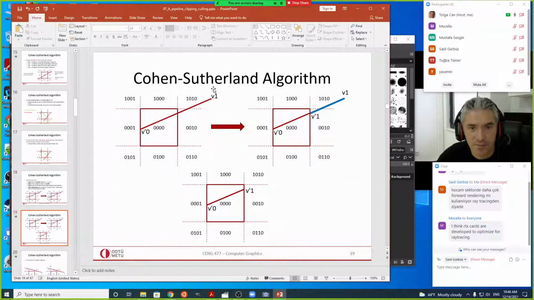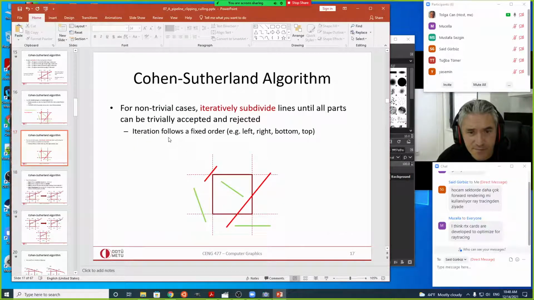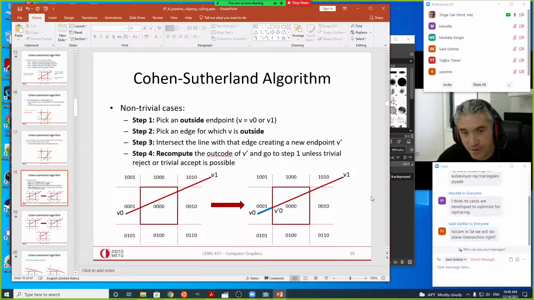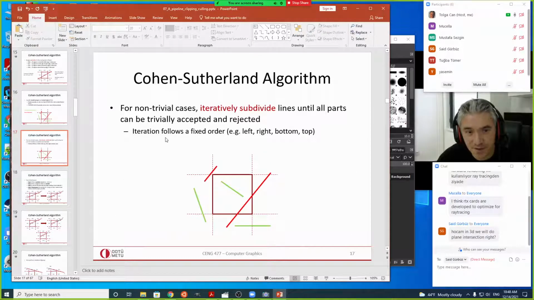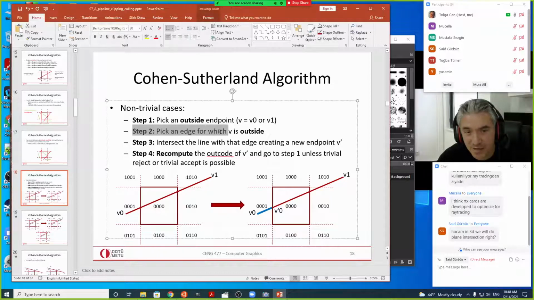So here are some other examples. So v prime 0 now is inside. We pick v1. Actually, there are some inconsistencies between what is written in these slides and the algorithm implementation here. This one says the iteration follows a fixed order, left, right, bottom, top. But then after we pick a vertex, we just pick an edge for which v is outside.